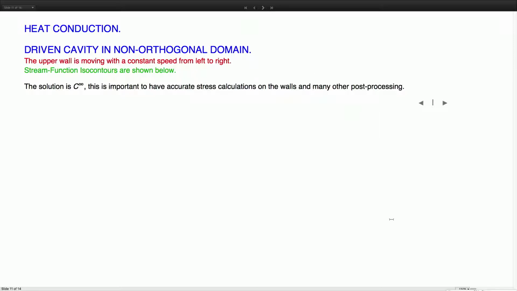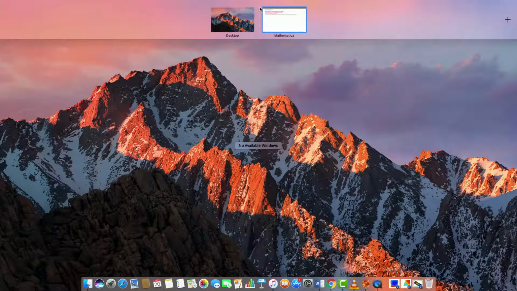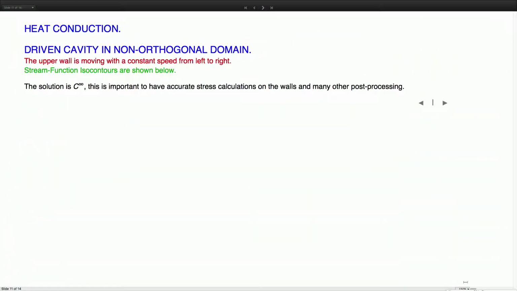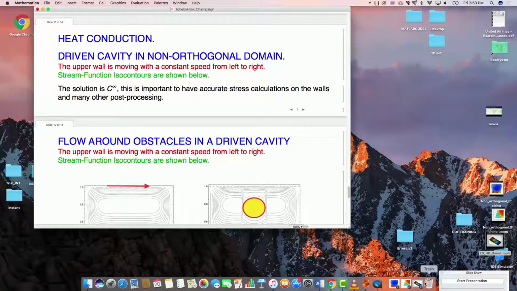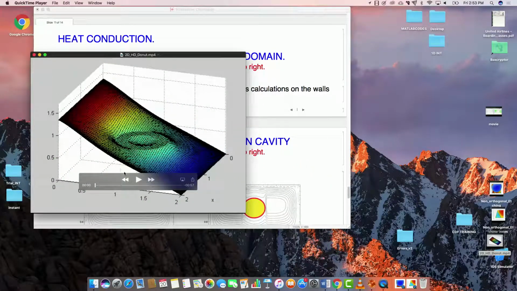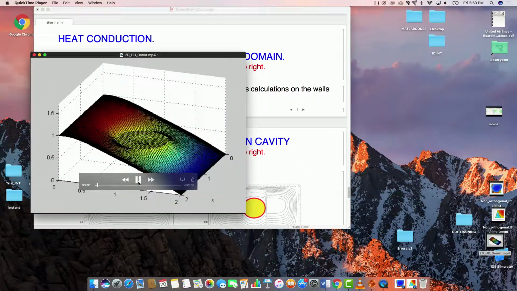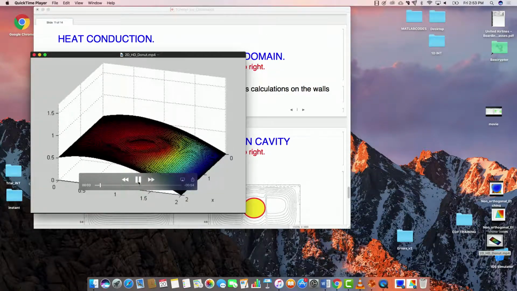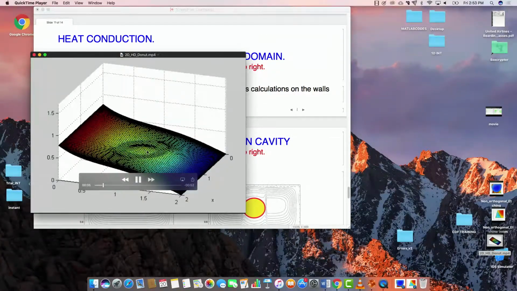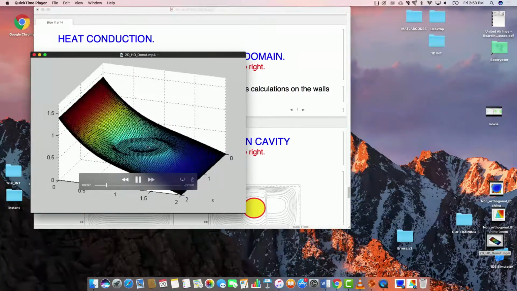And I'm just going to exit from the presentation because for some reason I'm not able to show videos in the presentation. I'm just going to show you two videos where we can do a similar thing unsteady. You have an analyst here, highly conductive. The middle part is less conductive.